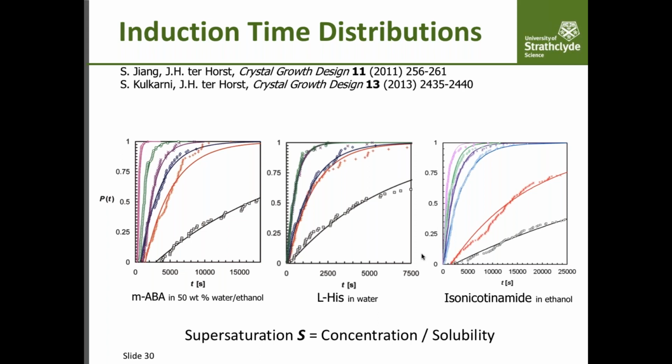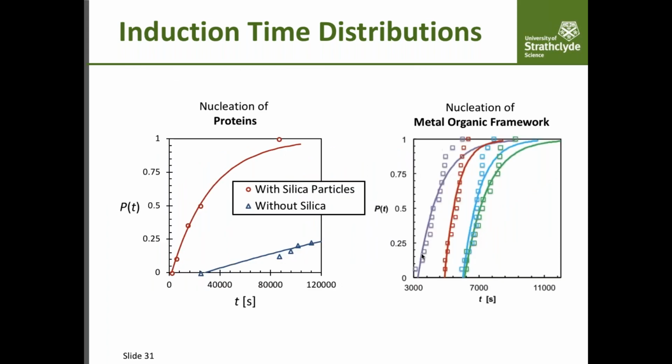So the larger the supersaturation, the faster the probability rises to 1. And we can measure many systems. We can also measure the nucleation of proteins, with and without templates, and we can measure the nucleation rate of metal-organic frameworks even.